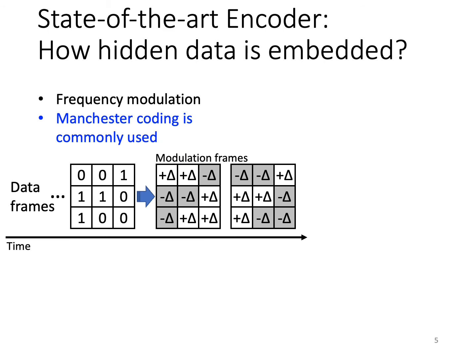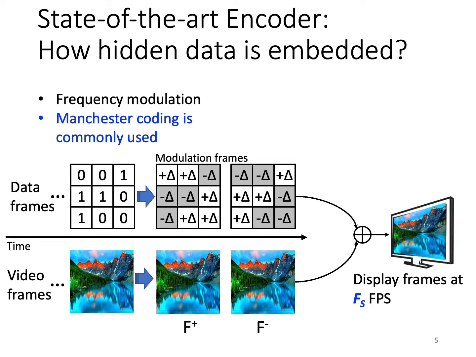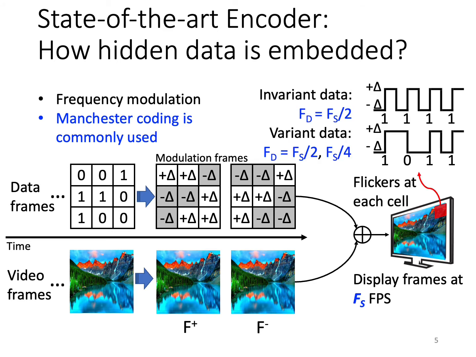A value of 0 becomes plus delta and then minus delta, and a value of 1 becomes minus delta then plus delta. These modulation frames are added to the video frames and shown on a display at fs frames per second. Because of the modulation, each cell generates flickers.